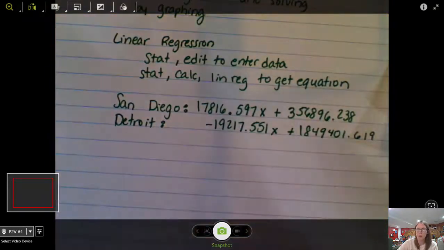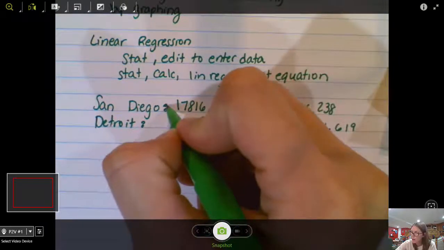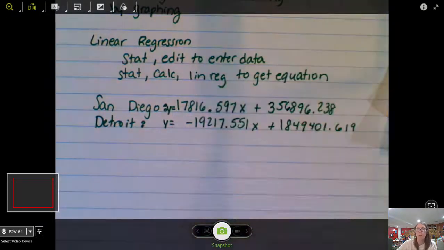Now, neither of these equations are going to fit our data perfectly, but hopefully they are pretty close. I forgot my y equals there.